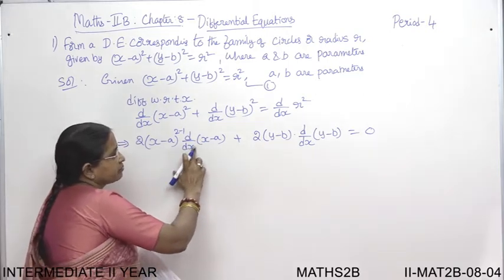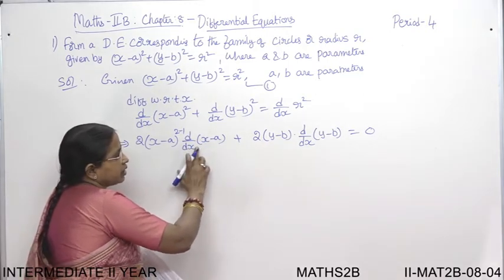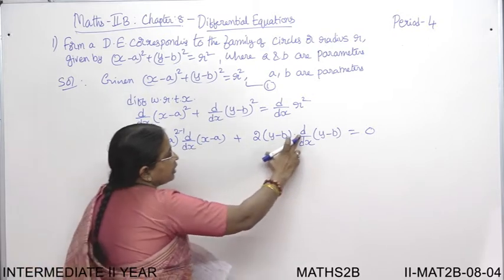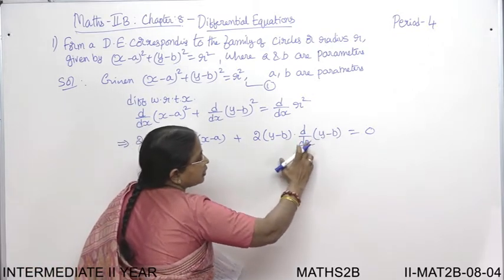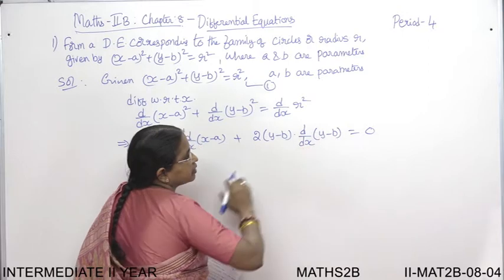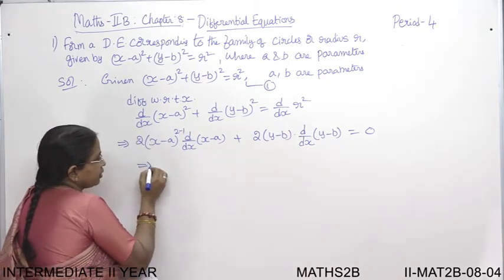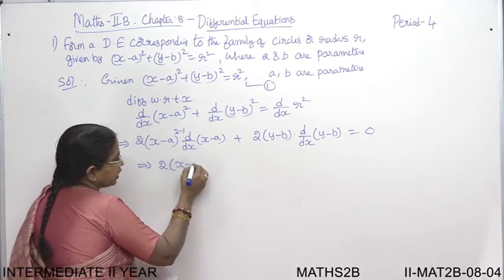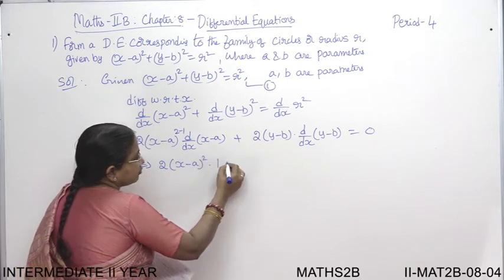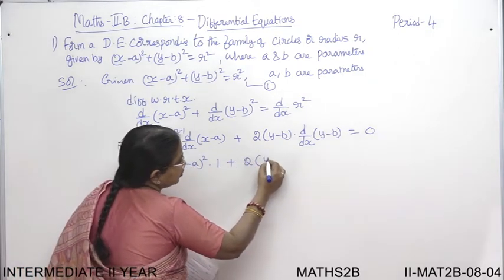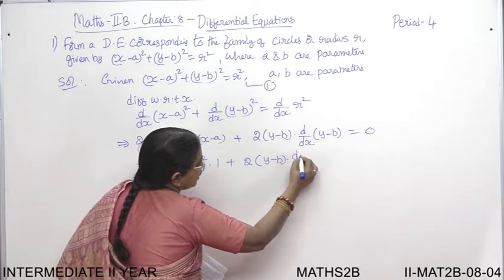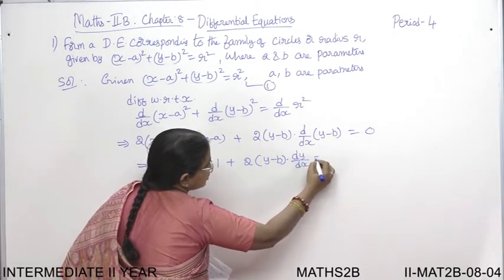So now what happens? Derivative of x is 1. Derivative of a is constant, so it is 0. Similarly, derivative of y is 1 into dy by dx. Derivative of constant b is 0. So that means you will get 2 into (x minus a) into 1 plus 2 into (y minus b) into dy by dx is equal to 0.